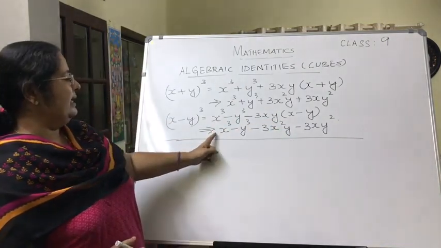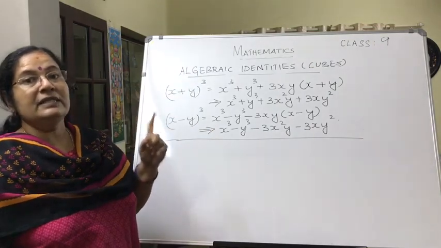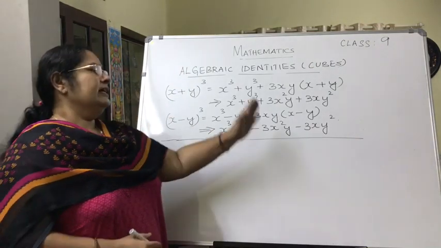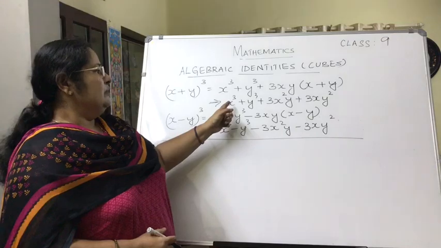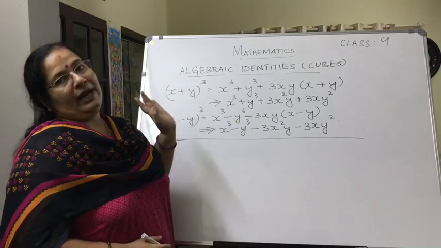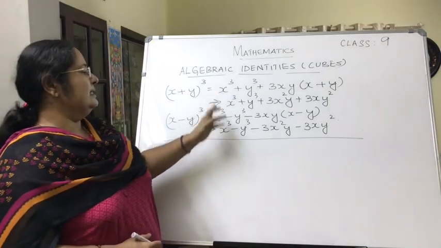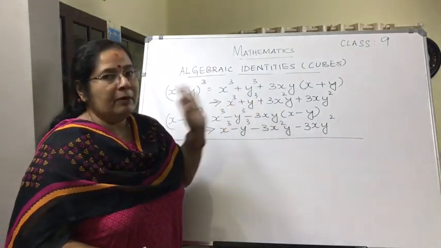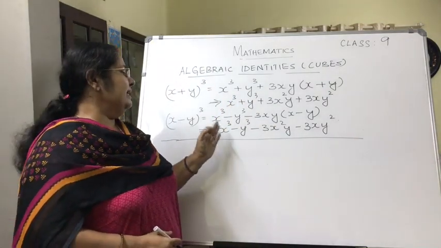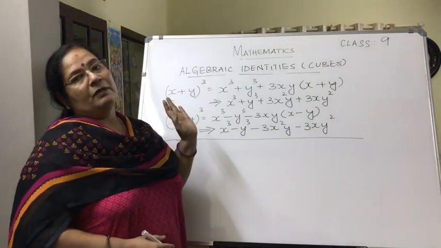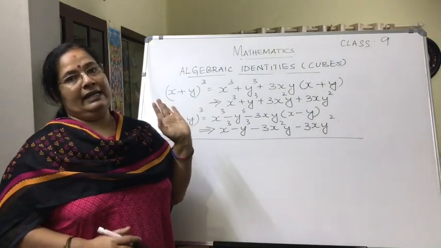So here only the first term is positive, all the other terms are negative. The only difference between these two identities, for x plus y and x minus y, is that in the first one all are positive, in the second identity only the first term is positive, the remaining are all negative.